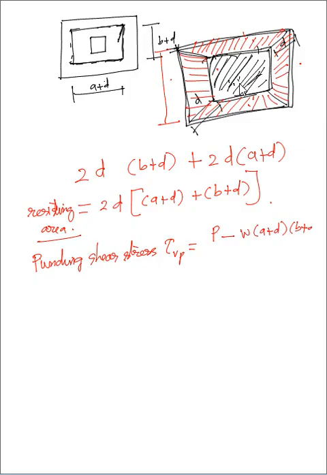If you are able to remember this direct formula, you should, because direct questions come in the GATE exam and you will directly be able to find the answer. This is the net punching force, divided by the resisting area, 2d (a plus d plus b plus d).